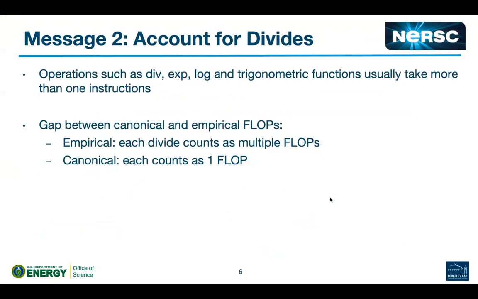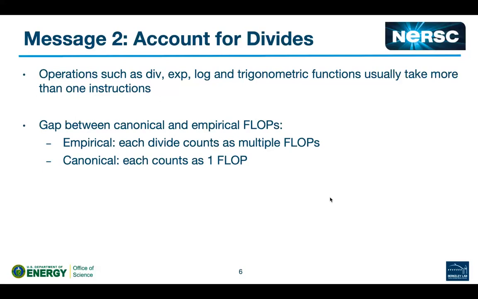The second message is about complex instructions. So we know that additions, multiplications are counted as one flop each, but operations like divides, exponentials, or logarithms, they are actually implemented by multiple instructions, and it's not fair to just count them as one flop.